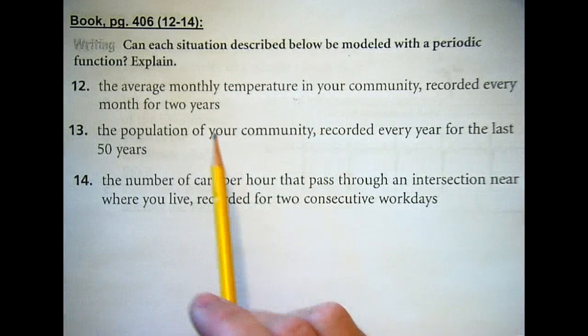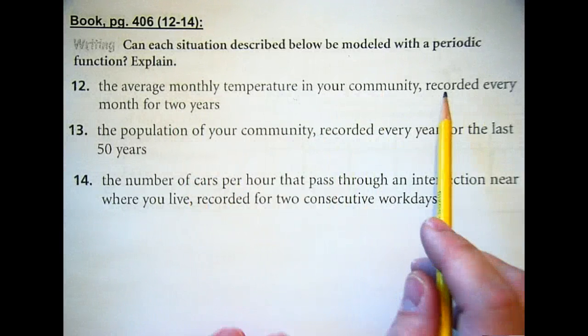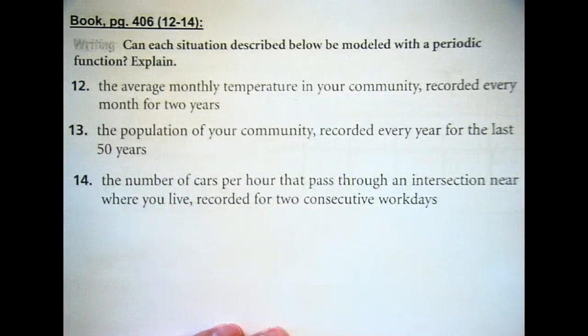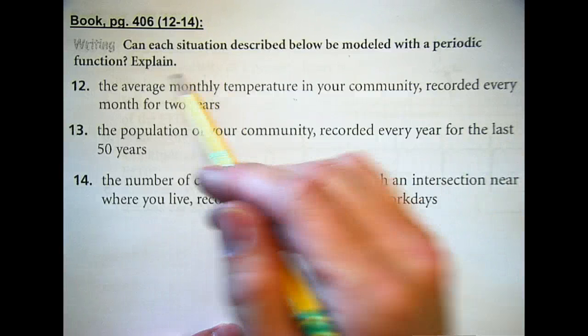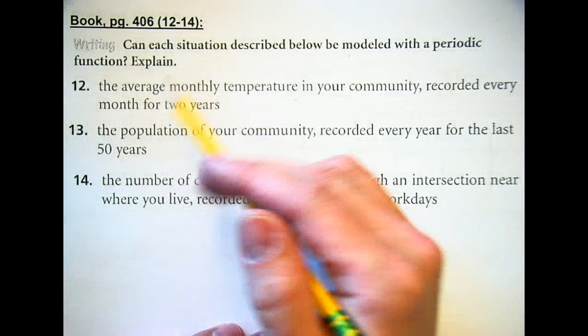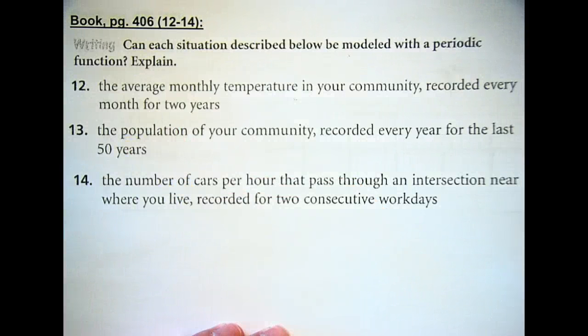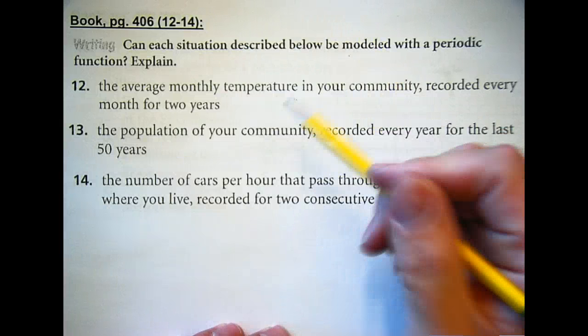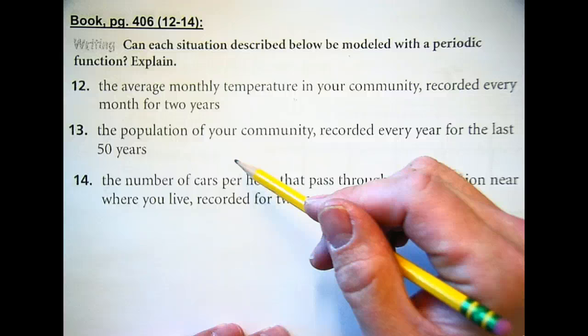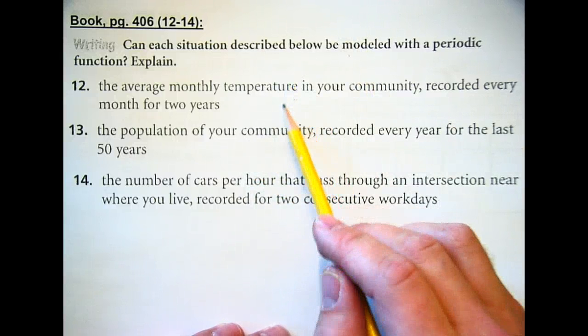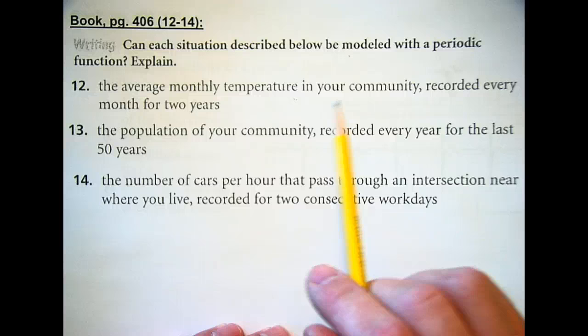So on average, the monthly temperature recorded every year, if I was comparing this April's monthly temperature to last April's average and the April before that, is it going to be consistent? On average, it probably is. It'll be generally in the same area, but it won't be the exact same number. But if we were to graph that, we would start seeing a fluctuation. We'd start seeing a pattern in that graph. Okay?